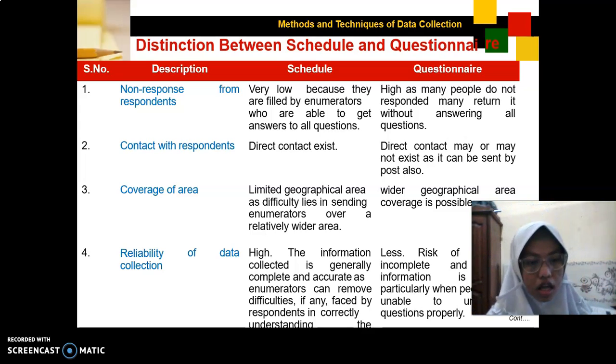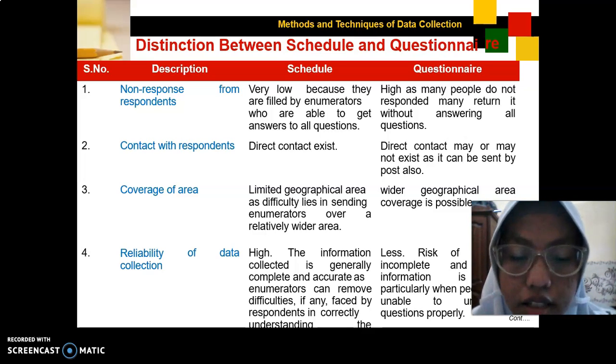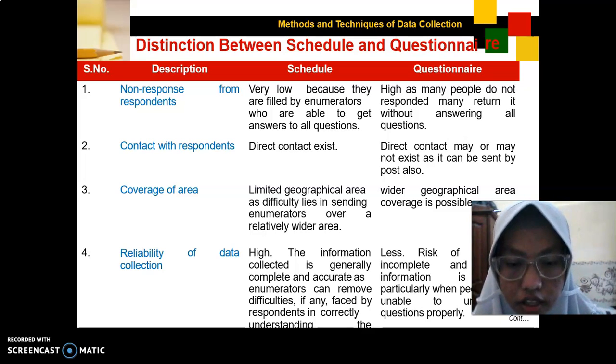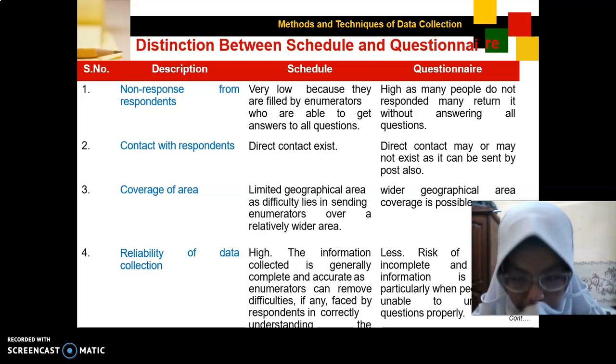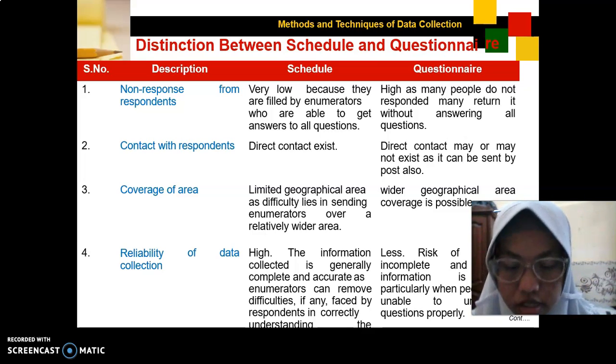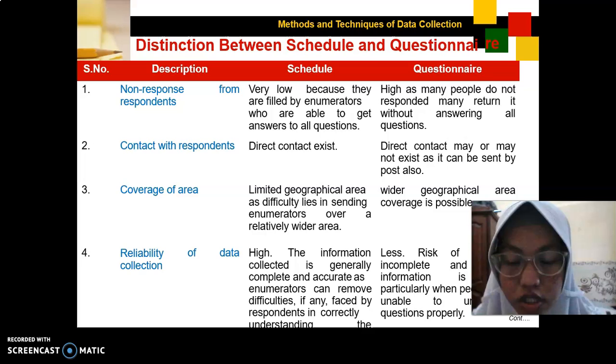For reliability of data collection, in schedule, it is high because the information collected is generally complete and accurate, as enumerators can remove difficulties, if any, faced by respondents in correctly understanding. In questionnaire, it is less, because the risk of collecting incomplete and wrong information is high, particularly when people are unable to understand the questions.